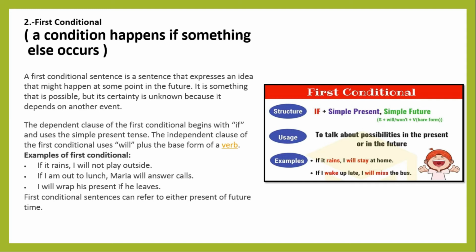How can I use it? To talk about possibilities in the present or in the future. Remember, possibilities, not probabilities. For example, if it rains, what is a possibility in the future?